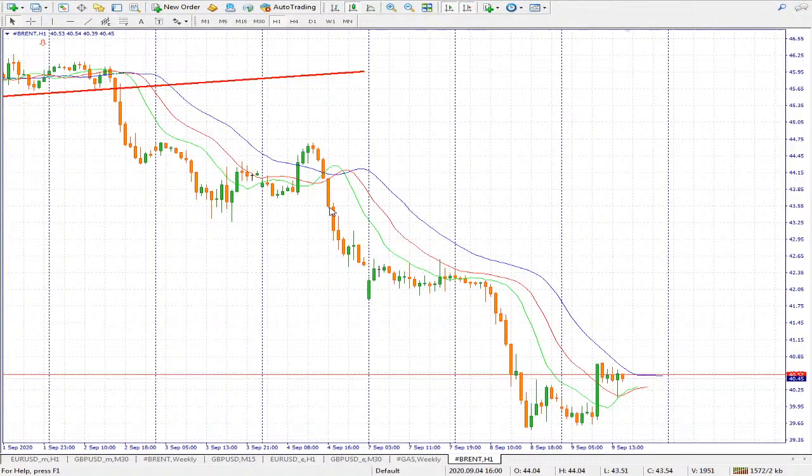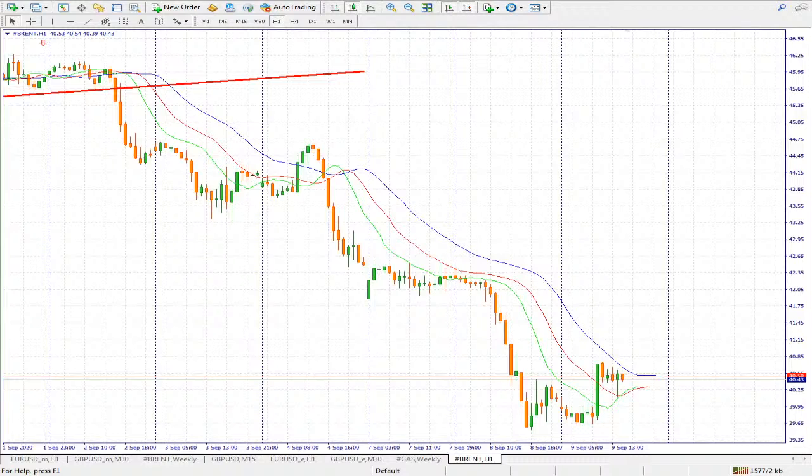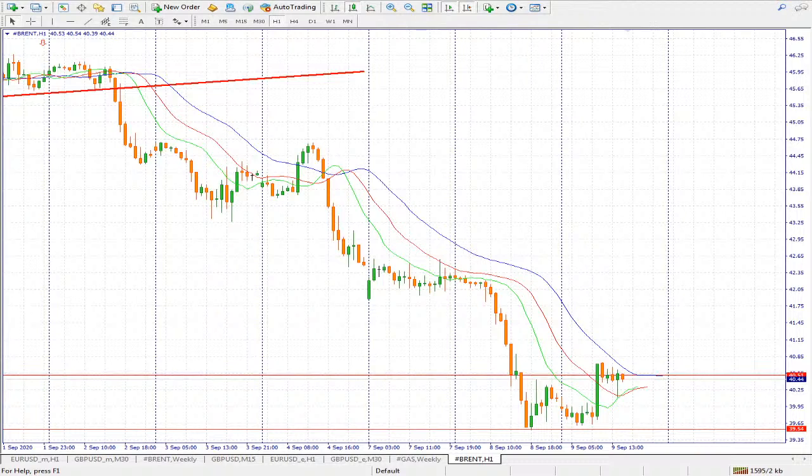So from that point, we are still downwards. So do not buy this pair. Do not buy Brent oil. Keep looking for sell orders up to this point. So I hope that answers you correctly. That's my opinion on crude oil. Keep looking for sell orders. Expect it to proceed as I've just said.